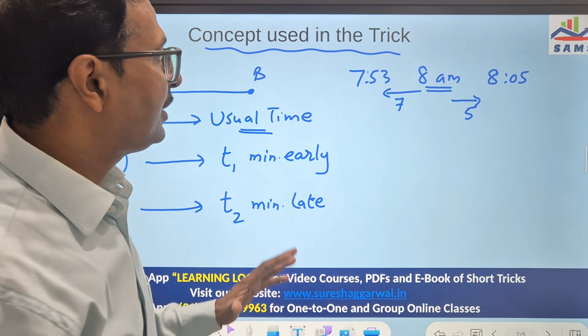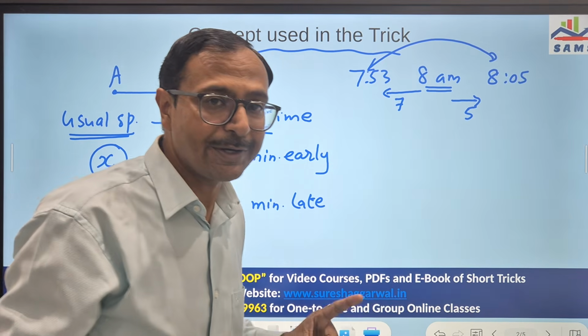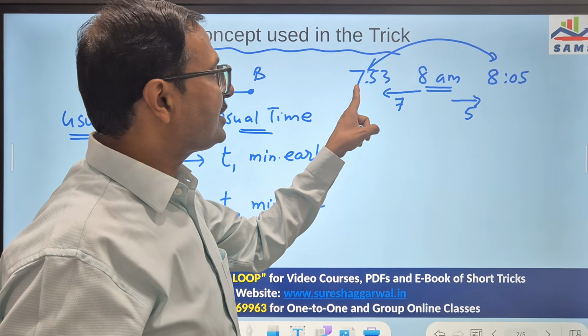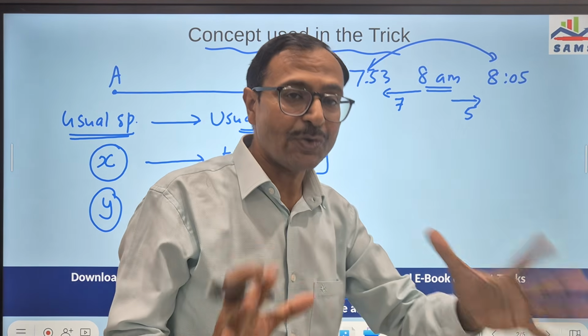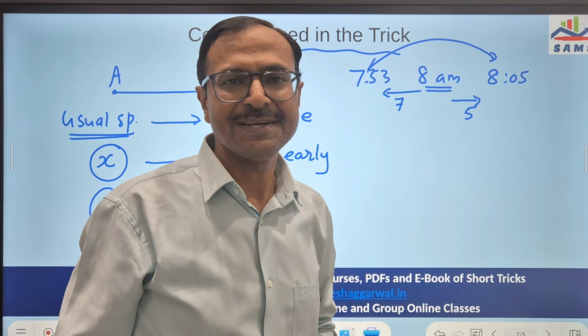Now what is the difference between these two times? This is the most important thing in the trick. 7:53 and 8:05 have a difference of 7 plus 5, which is 12 minutes. And that difference is really important in this trick.